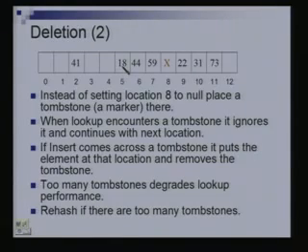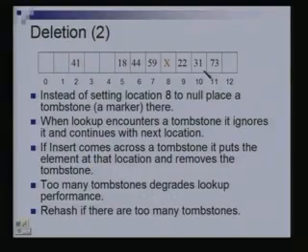I would come to this location, go here, see an X here and not null, see a tombstone here, and continue till I find either a null location or 31. So I found 31, so I declare 31 is there. When a lookup encounters a tombstone, it ignores it and continues. When an insert encounters a tombstone, what does it do? It will put the element at that position. We have kind of reclaimed this space.